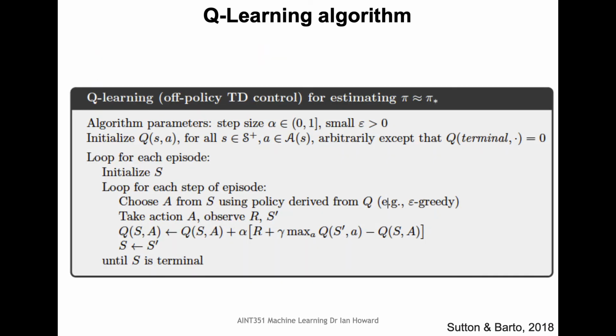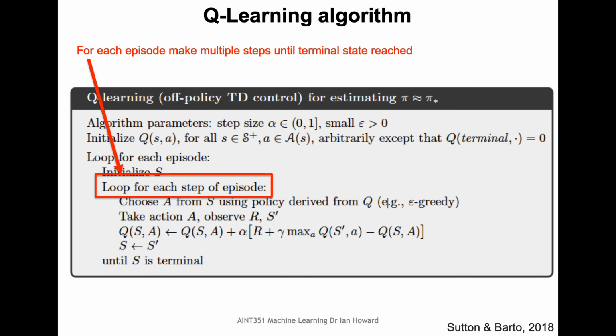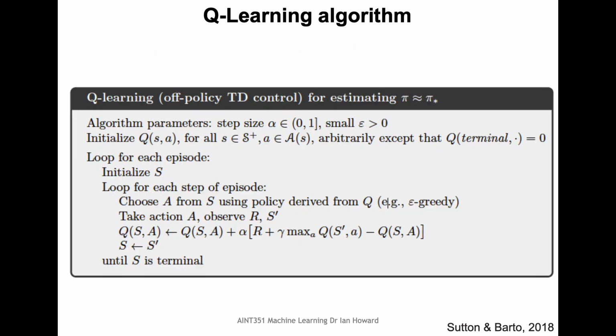And then we're going to have a loop over steps until it finally gets to the goal. So this is probably a while loop. Given that we're in a state S, we choose an action using the policy that we've defined, for example epsilon greedy.